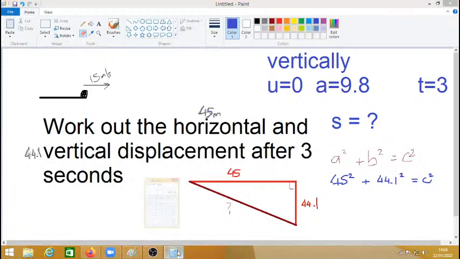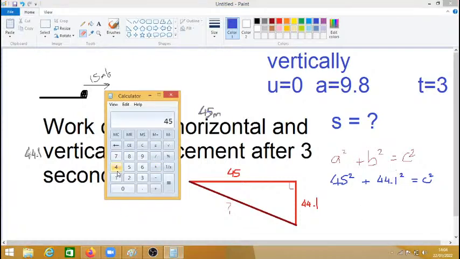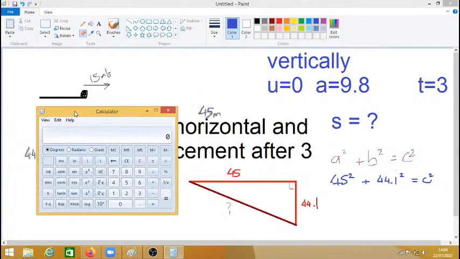Type that into a calculator. So 45 into scientific calculator. So you've got 45 squared plus 44.1 squared. That's 3969.81. And then we just want to square root that.